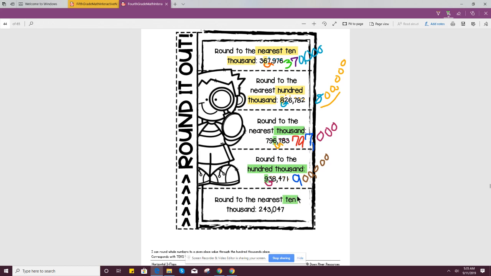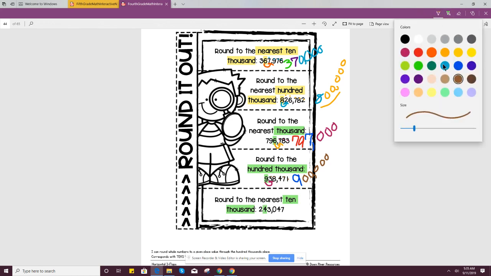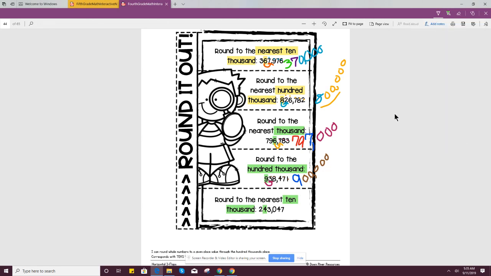The nearest 10,000, which is right here. Let's change this color. Let's do pink. All right. The 3 is what makes this 4 change its mind or stay by itself. Everything in front of the highlighted place, which is the 10,000th place, stays the same. So since there's a 2 in front of the 4, we have to put that 2 there. Now let's talk about that 4.